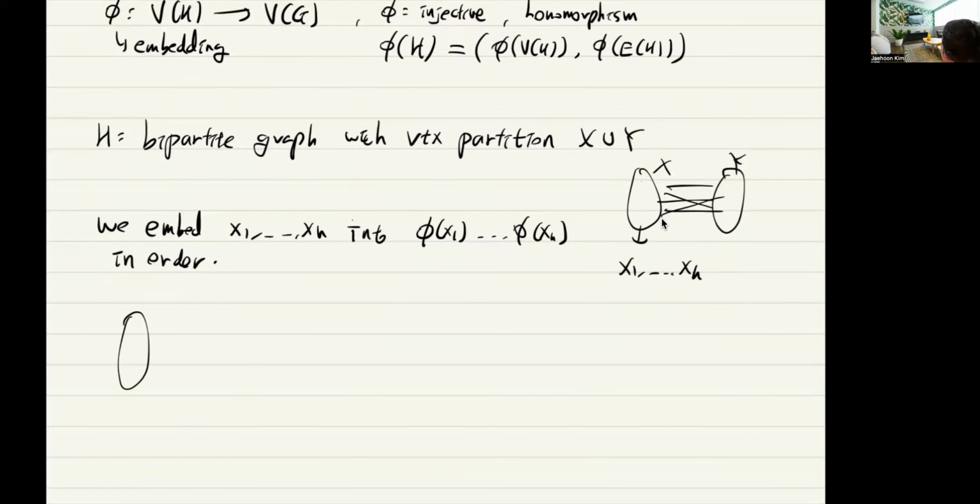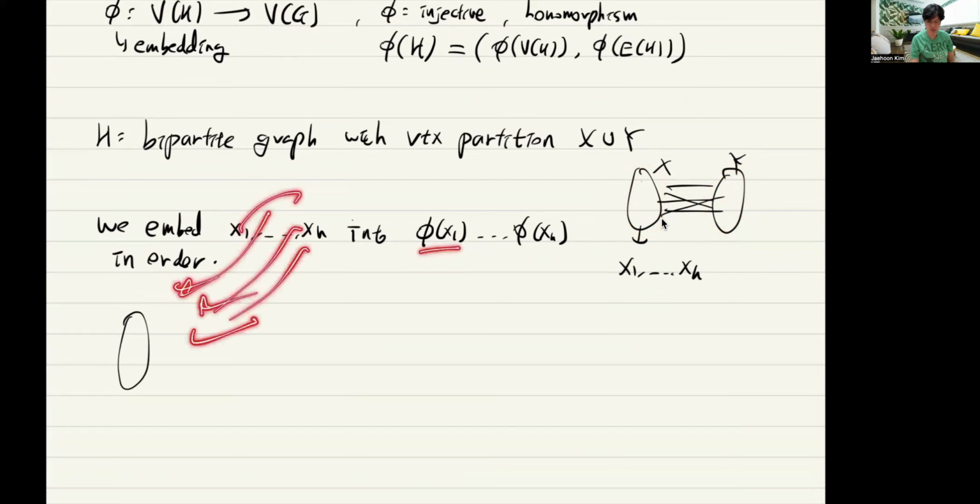Then once you finish embedding the vertices here, you start embedding Y. One thing is that X is an independent set. So as far as you embed these into some vertices, as far as they are all distinct, it is a legitimate embedding.